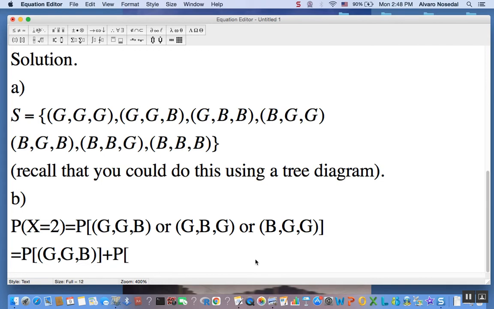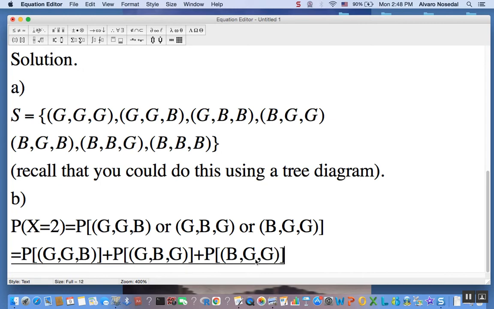So we have G, B, G. Sorry, there we are. And the last one, B, G, G. Let me just remind you.